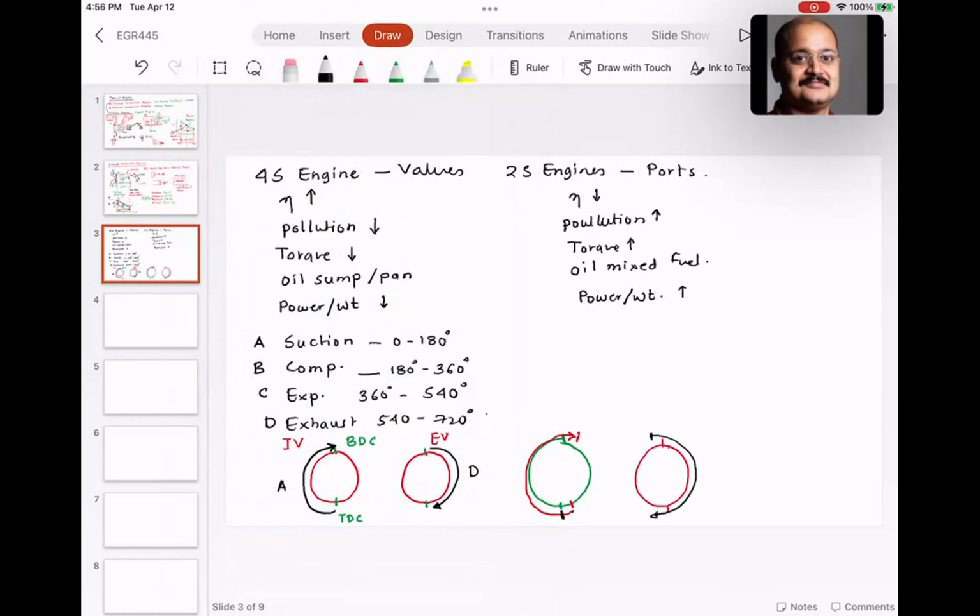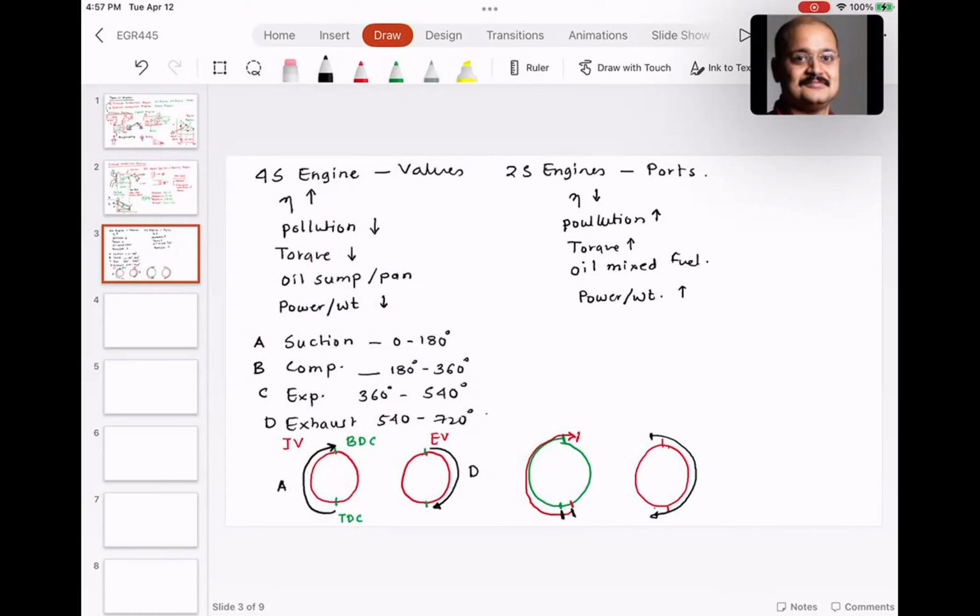This overlap is needed because air has some inertia, so that air needs to go out. But please understand what it means: there is a duration of time when the intake valve and exhaust valve, both of them are open. We need to minimize that, because that means a fresh charge could enter from inlet and escape from exhaust. So we need to make sure that overlap is minimized.